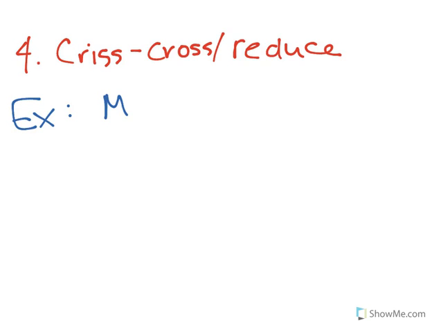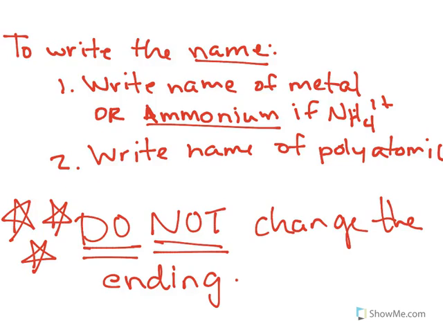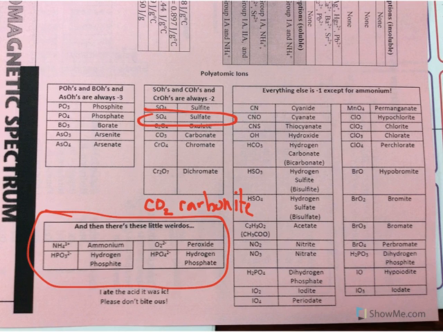Let's do magnesium chloride. Okay, so we know magnesium is an element, so let's just put the symbol for magnesium. And then let's go to our polyatomic ions chart. Sorry, it's back a ways. Chlorite. Watch that ending. It was an ITE. It's over here.